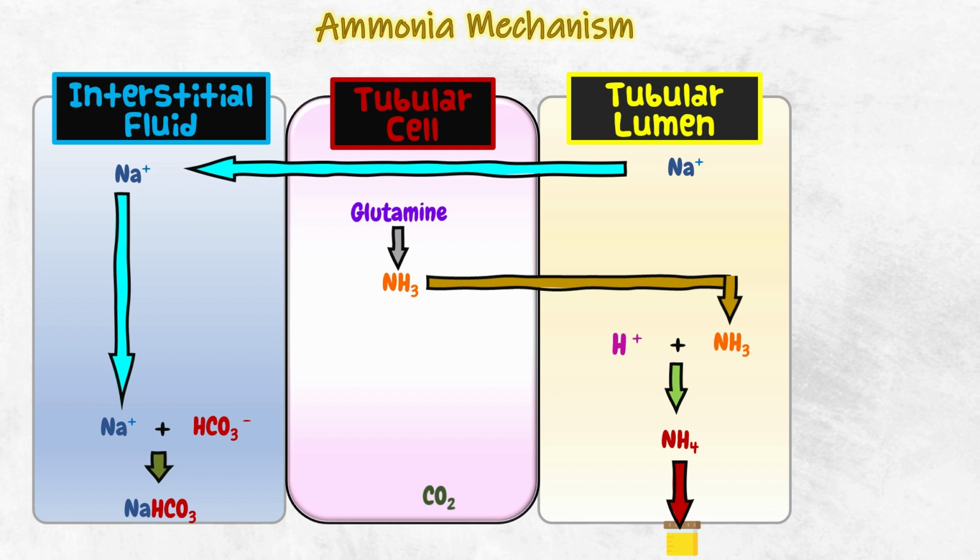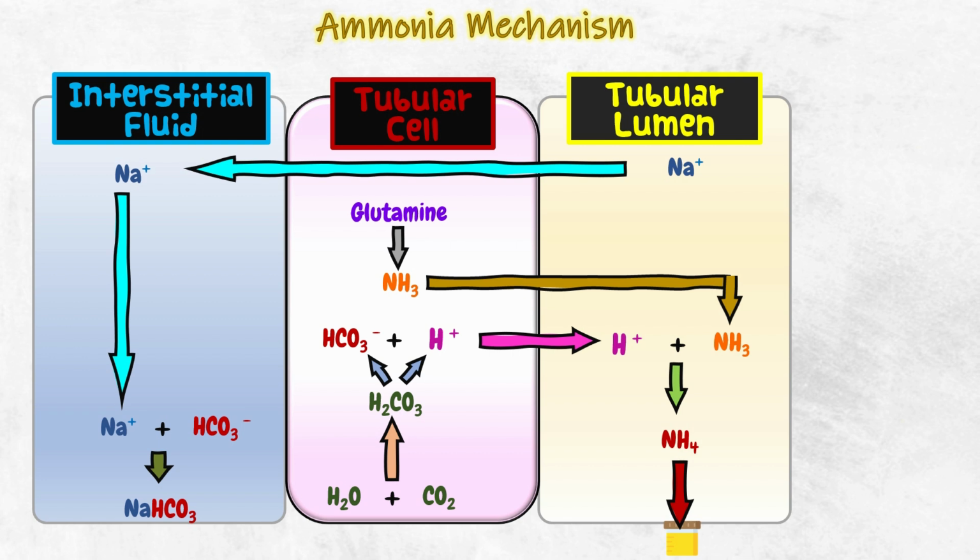Carbon dioxide and water enter the tubular cell. In the tubular cells, carbon dioxide combines with water to form carbonic acid. It immediately dissociates into hydrogen ion and bicarbonate. Now, the hydrogen ion is secreted into the tubular lumen.